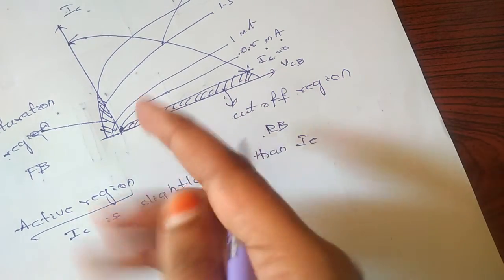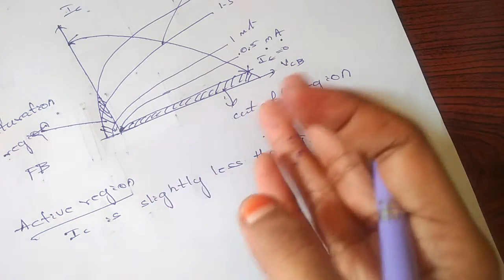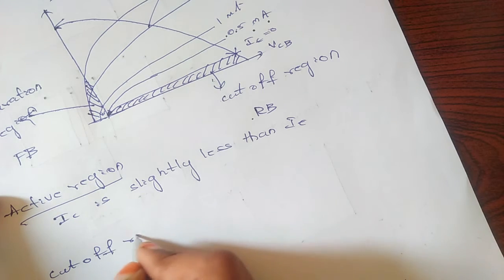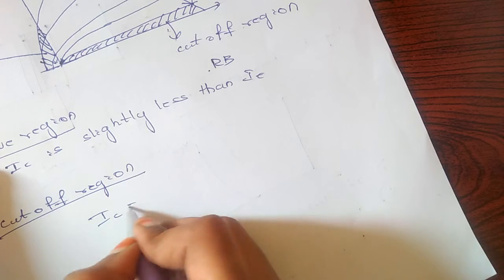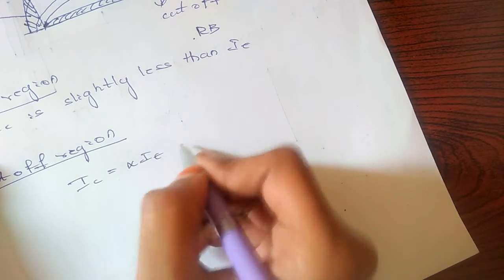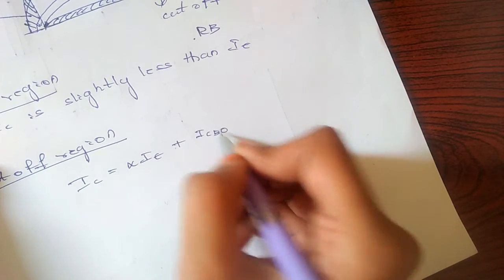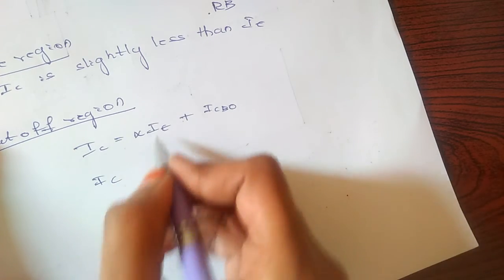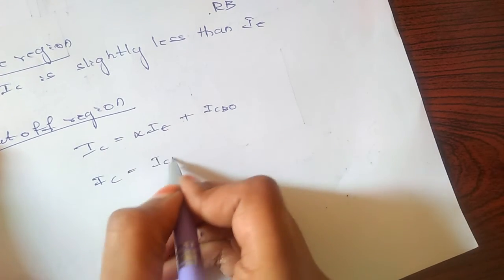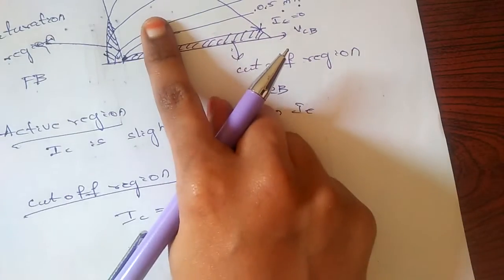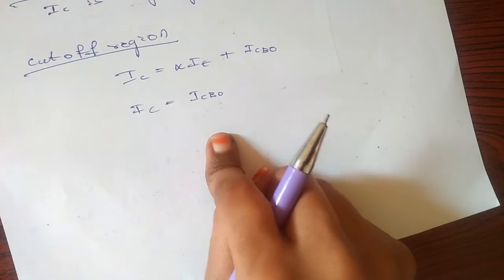What is the collector current flowing here in the cutoff region? Let us take the basic equation of collector current: IC is equal to alpha IE plus ICBO. Here I made IE equal to 0, so the whole term will be 0, and IC equals ICBO. So the current flowing in the collector in the cutoff region is ICBO.